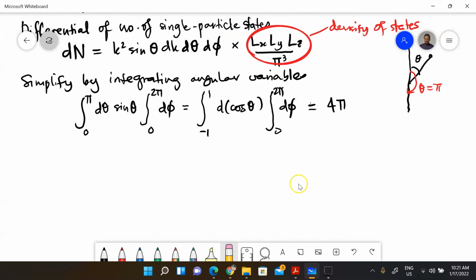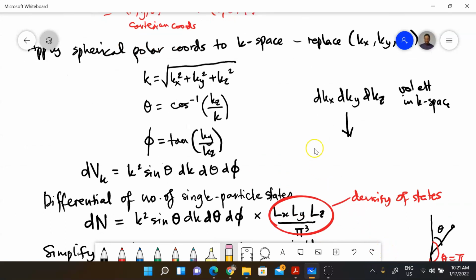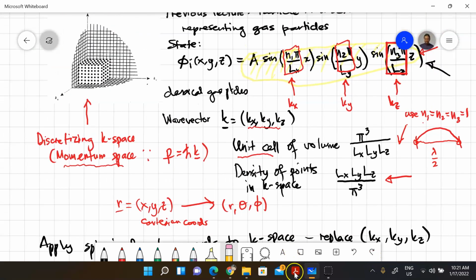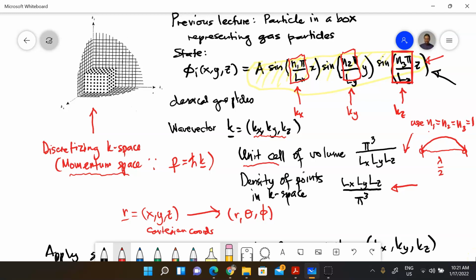Let's go back here. The other thing that we should remember is you do not want to integrate over the whole sphere. If we look back to this picture, it's really the positive octant that corresponds to the positive k.